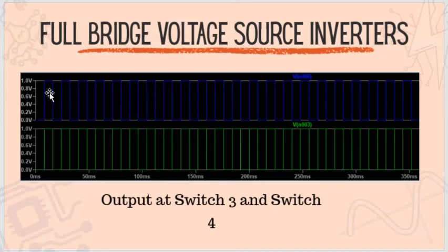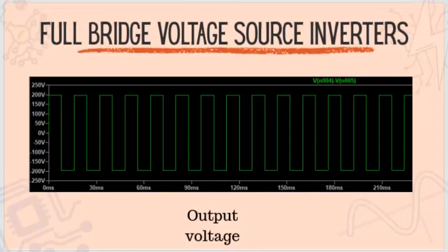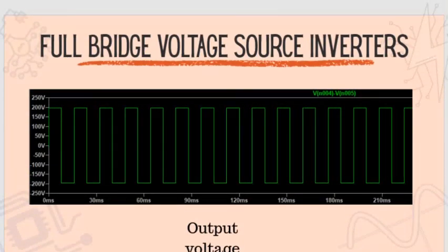Switch 1 and switch 2 are simultaneously on, while 3 and 4 are off. And then switch 3 and 4 will be on, and 1 and 2 will be off. So the final output voltage will be this one.